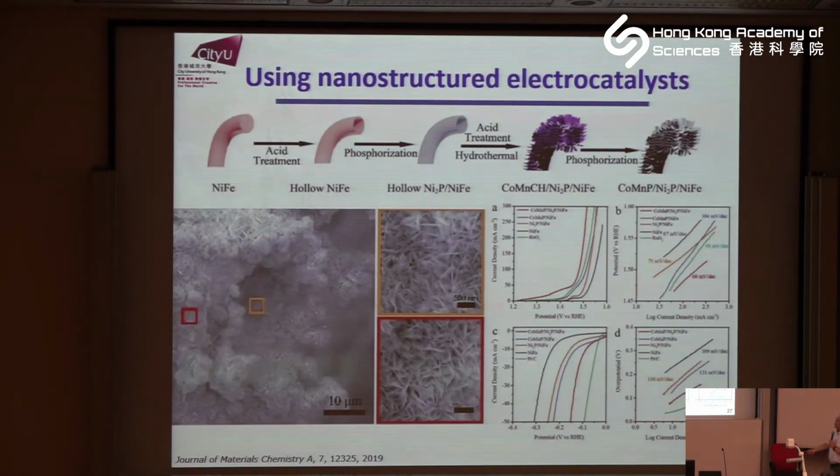And we also use nanostructures. What we do is use nickel iron fibers from nickel iron foam. You can actually purchase the foam very easily, even from metal shops on the street. Okay, you can go purchase nickel foam, iron foam, or nickel iron foam.